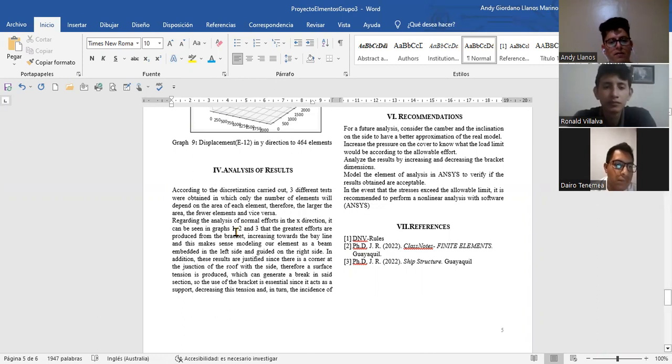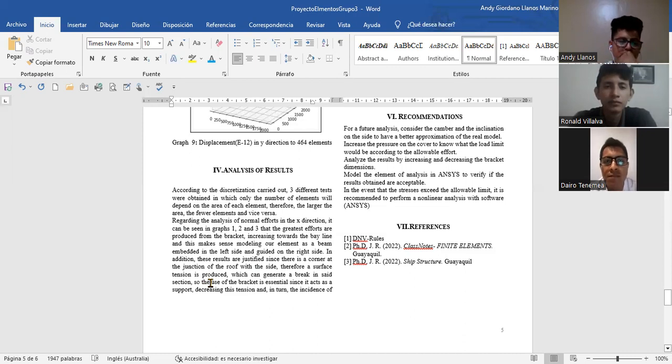Regarding the analysis of normal stress in the x direction, it can be seen in graphs 1, 2, and 3 that the greatest efforts are produced from the bracket, increasing towards the baseline, and this makes sense modeling the element as a beam, fixed on the left side and guided on the right side. In addition, these results are justified since there is a corner and the joint of the roof with the side. Therefore, surface tension is produced, which can generate a break in said section.